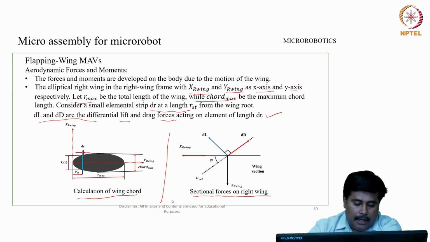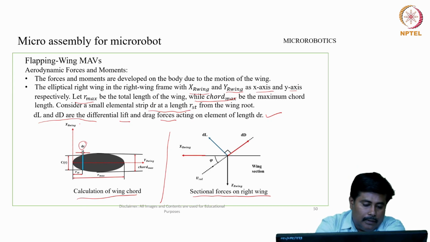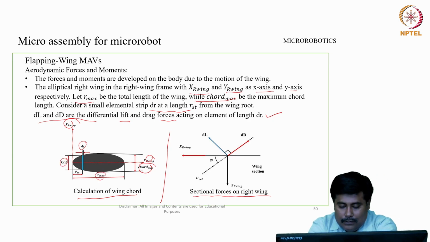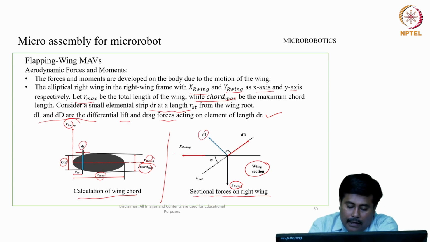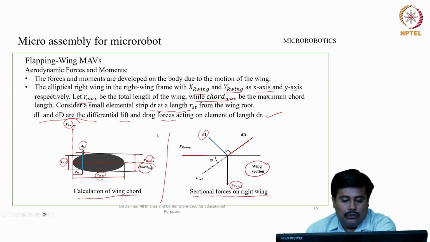So here dr is a kind of a chord which exists, and when we look into it, we have an XR wing and a YR wing, and then there is going to be a chord max which exists, and then we have the CR and the R max which exhibit over here. Now when we look into the sectional forces of this right wing, there is a wing section which exists, and then there is a ZR wing, and then we have a U real which is almost at a right angle to dL, and then there is an XR wing over here.